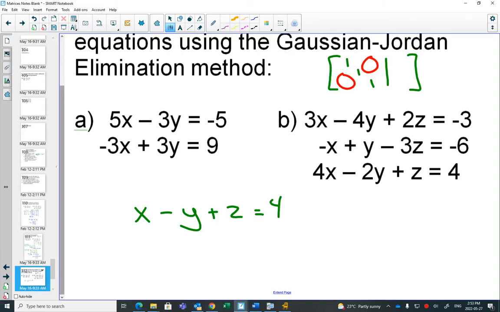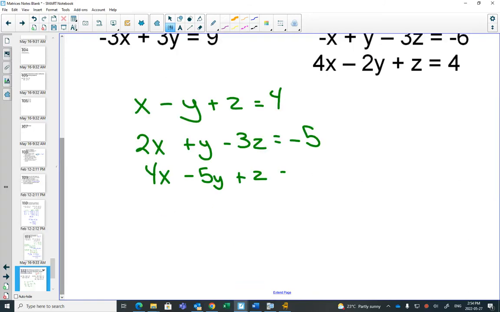They're all 2s. 2x plus y minus 3z and 4x minus 5y plus z. Let's go here. 12, 15, 42.